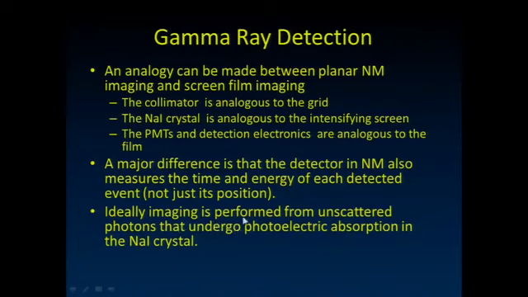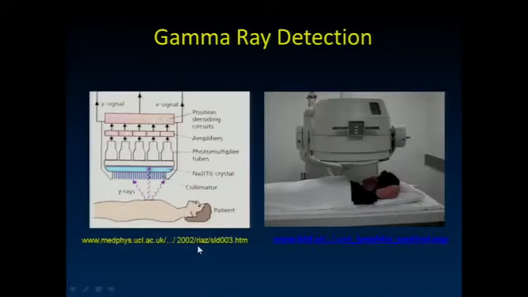Ideally, that imaging is performed from unscattered gamma ray photons. We've talked about some of the others that are not gamma rays, but that undergo photoelectric absorption in that sodium iodide crystal. That shouldn't surprise us, right? How does the crystal stop it? It interacts just like electromagnetic radiation interacts with any tissue.